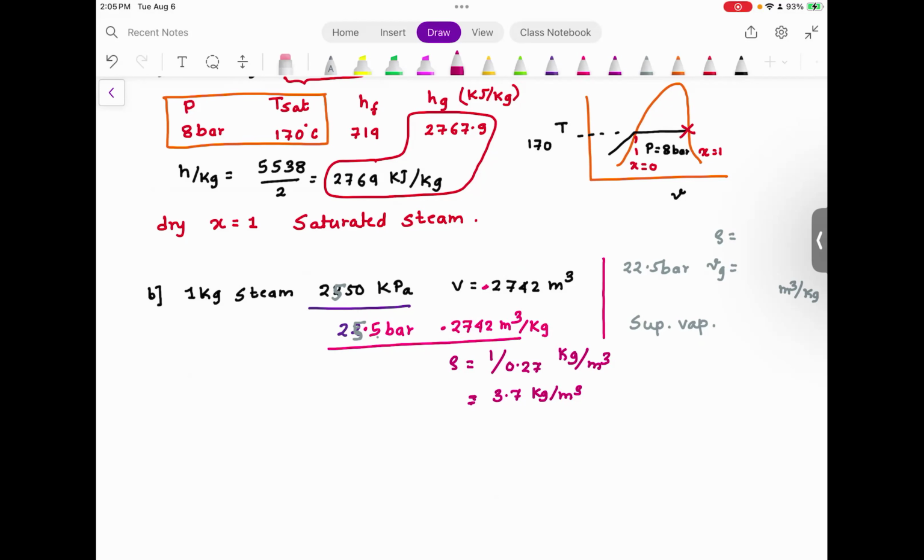Okay, so now this becomes superheated steam.